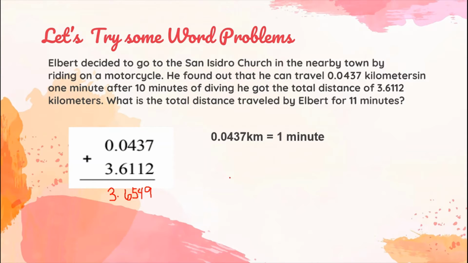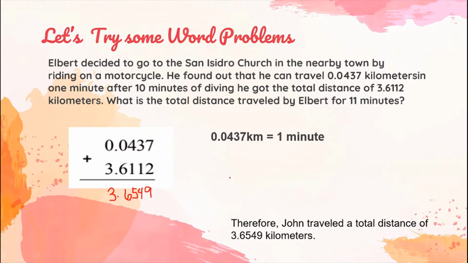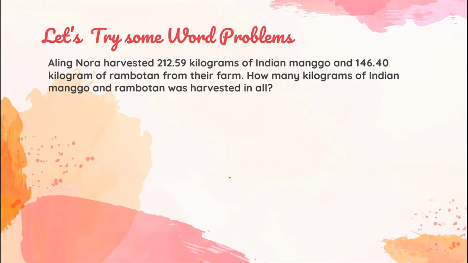So the total distance Albert traveled for 11 minutes is 3.6549 kilometers. Or if we read this, it is 3 and 6,549 ten-thousandths kilometers.